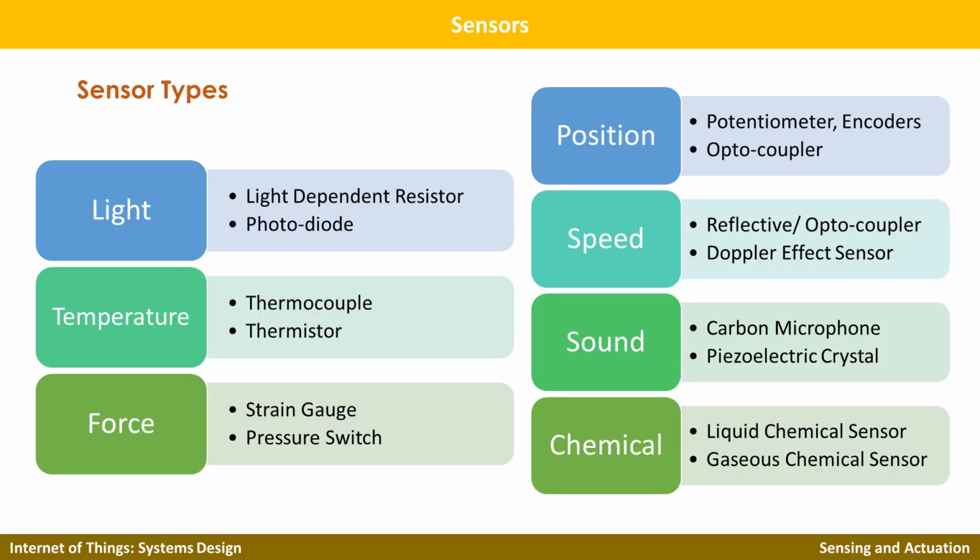Earlier in this lesson, I explained to you that when we talk about sensor types such as light, speed, sound, we are broadly talking about a category or a family of sensors. There are many different techniques people have developed to measure the same phenomena.